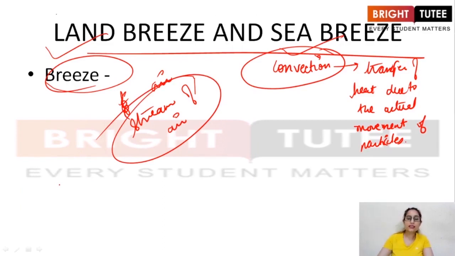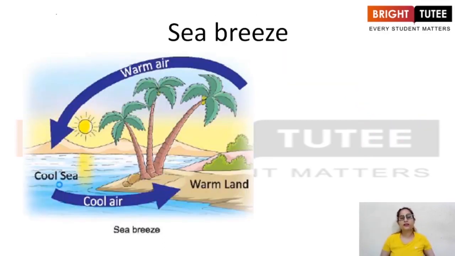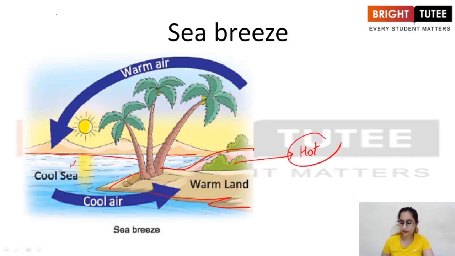So now let's see what is sea breeze. For this you have to understand a small concept. During the daytime, the sea, the water bodies get hot. During the daytime, the land, which is basically our grass fields, our lands, our houses, they all become hot very fast, right?